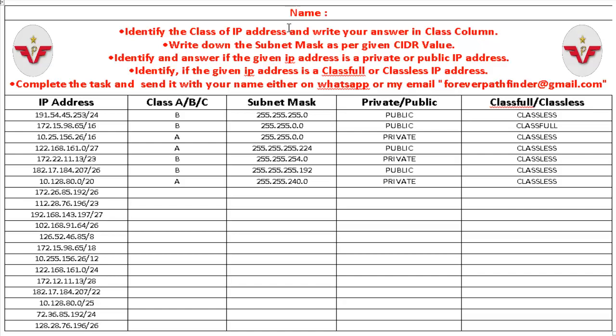I hope you are getting it. 172.26, again class B. 255.255.255.192. Private or public? It's private and classless. Okay.